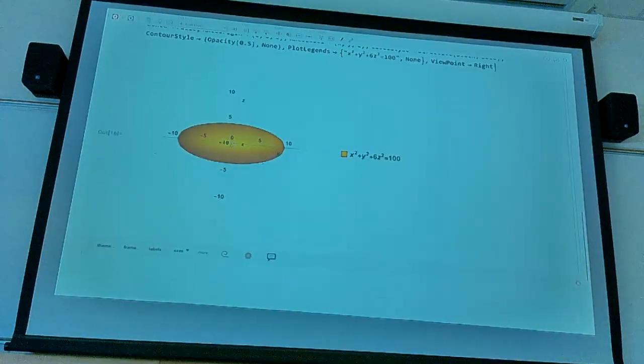Now let's look at this. Again, I'm going to kind of rotate this a little bit. Oh, it's going to give me that square there. That's actually annoying. Can I get rid of that?